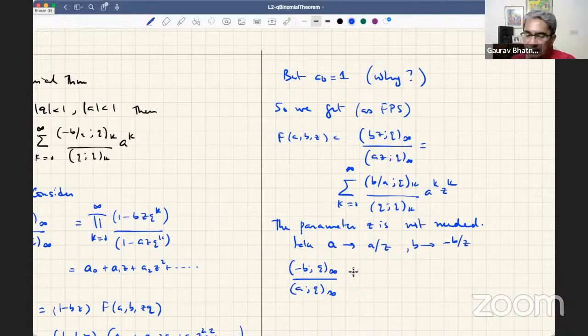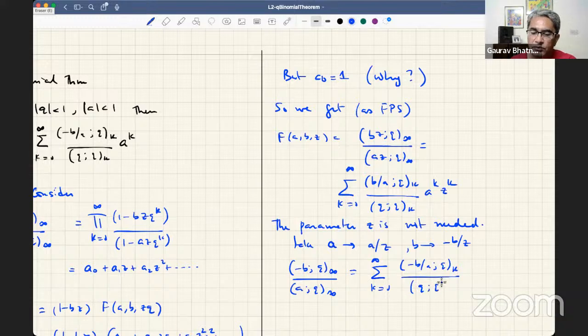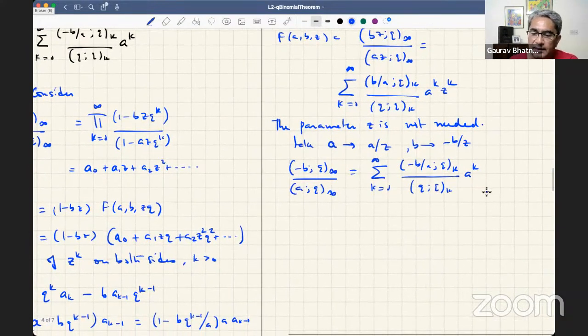For some reason, Ramanujan had a minus B here: the sum over K from 0 to infinity of (−B/A; Q)_K over (Q; Q)_K times A raised to K. This is a formal derivation, and we have to get used to formal derivations, but this proof works even as an analytic identity.